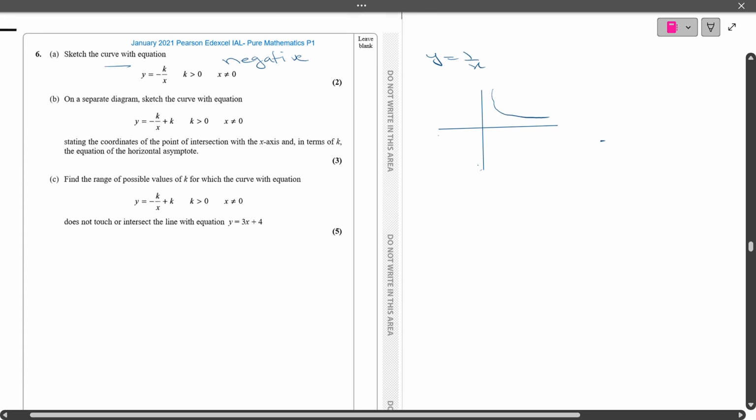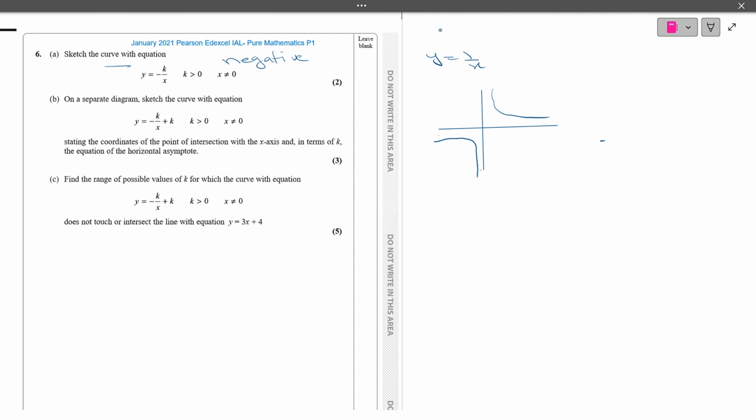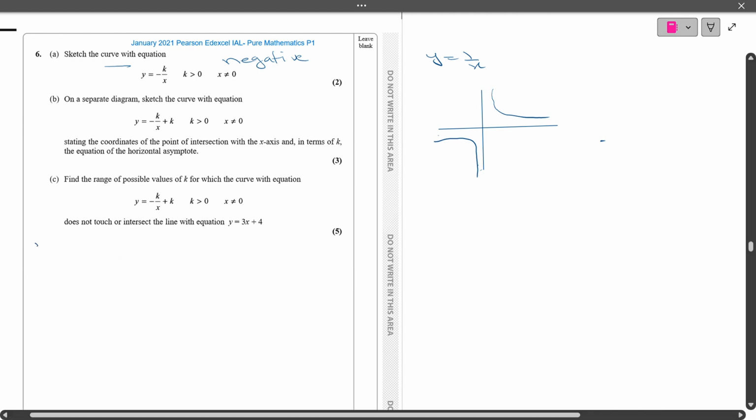Okay, this is a reciprocal graph, but in the question I have been asked to sketch the negative reciprocal graph. The negative reciprocal graph lies in the second and the fourth quadrant.